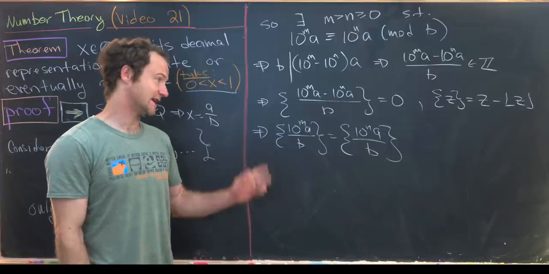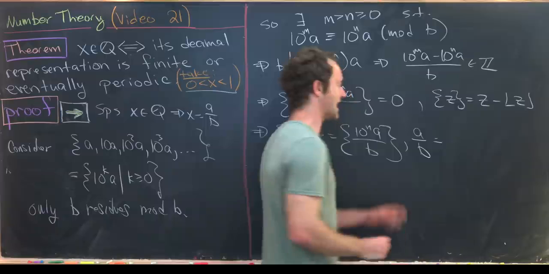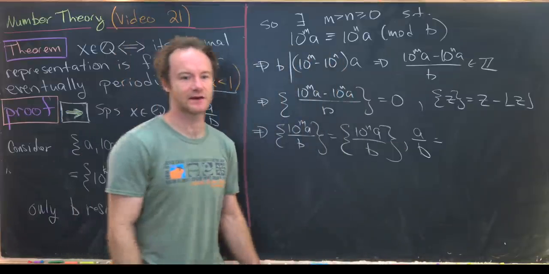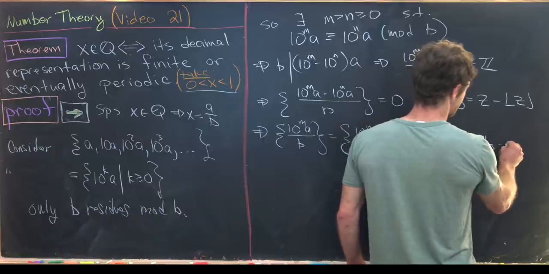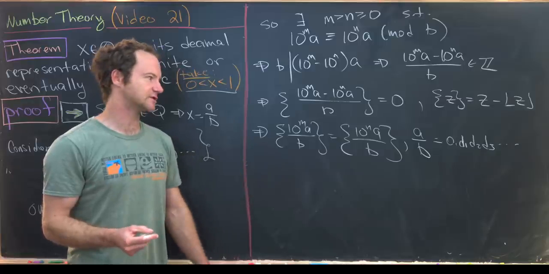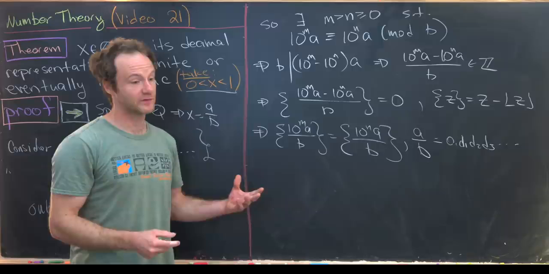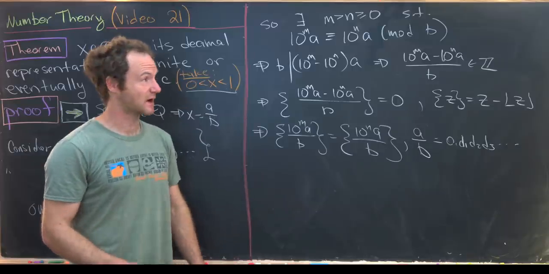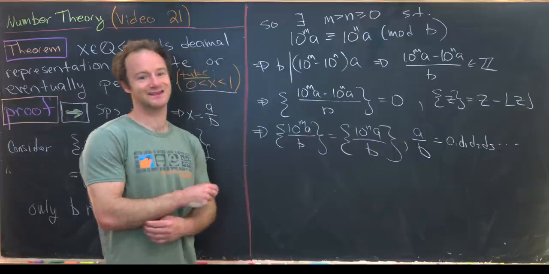Now that we've got that taken care of, let's go ahead and write the decimal expansion of a over b, as it'll be useful for the next steps. I can write that as 0.d1, d2, d3, and then that goes on forever. Obviously, we can assume that it goes on forever because if it doesn't, then it terminates after finitely many spots. But then we already proved in the last proposition that means it is a rational number.